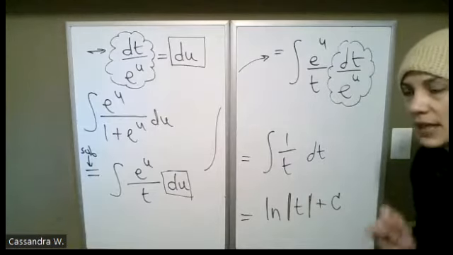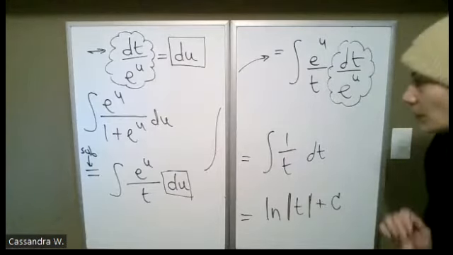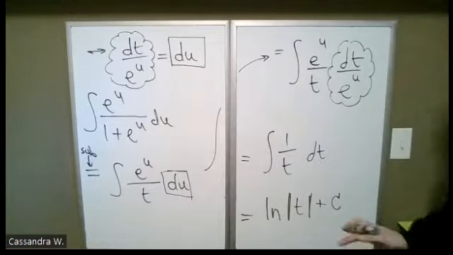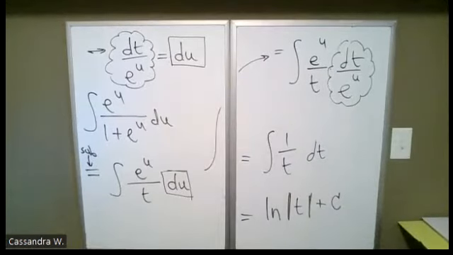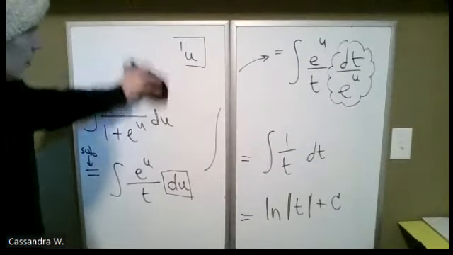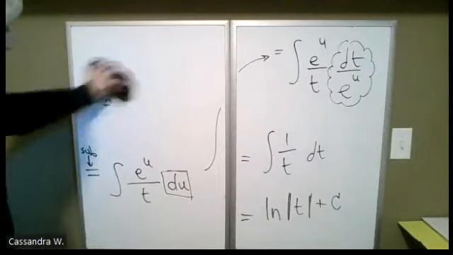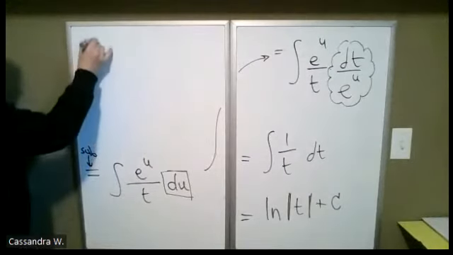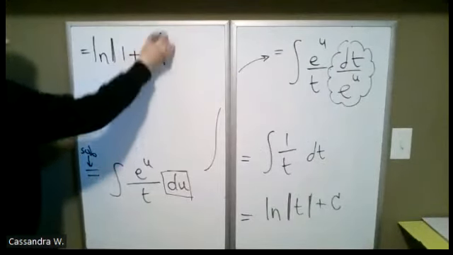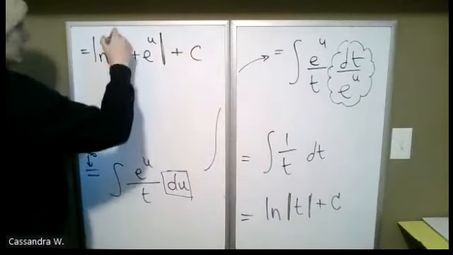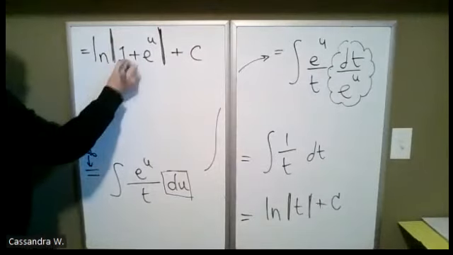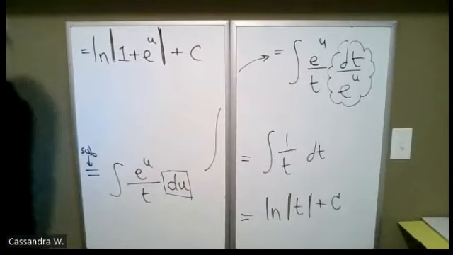So we have ln absolute value of 1 plus e to the u plus c. Okay, that's your answer.